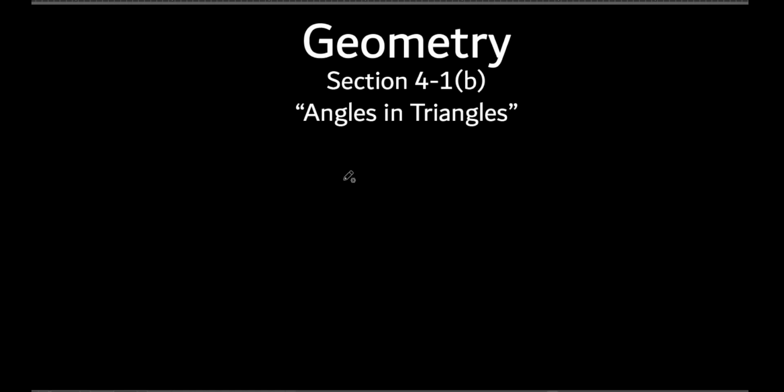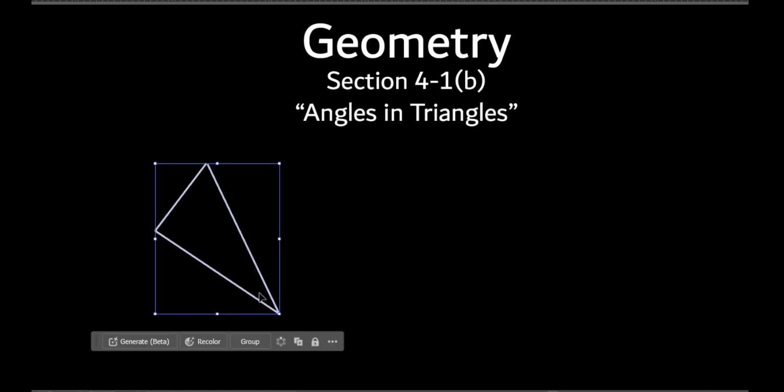So let's draw a picture of a triangle. I'm just looking at my notes. It kind of looks like this, and like that. All right, and I'm gonna group it together.